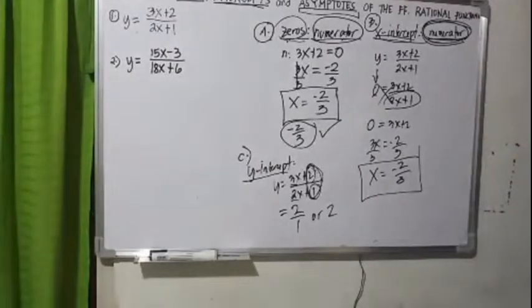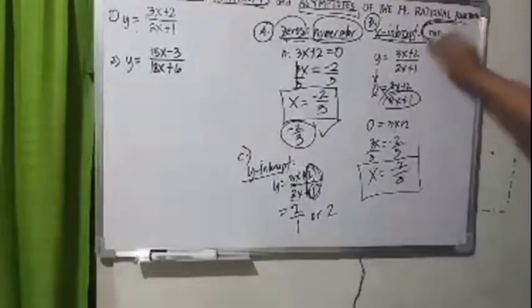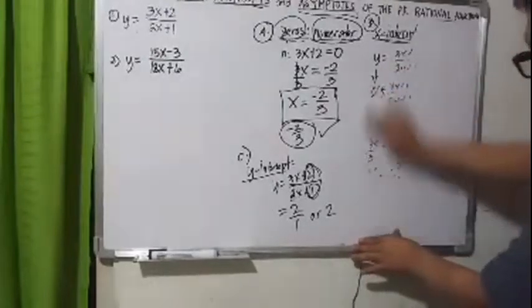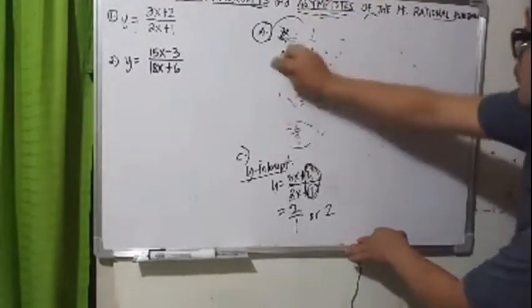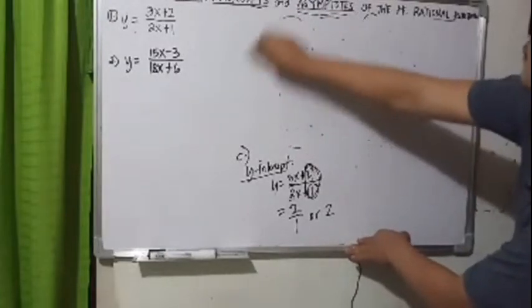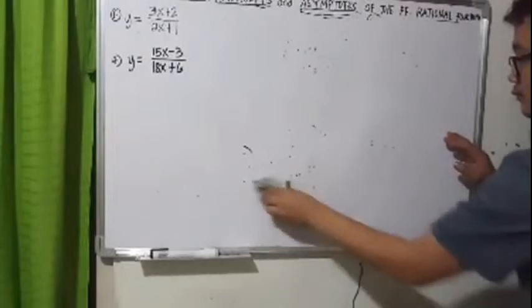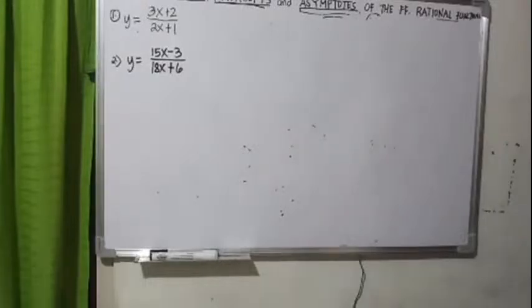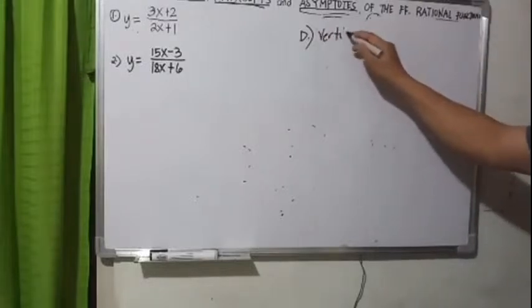Okay, for letter D, asymptote, unahin natin yung vertical asymptote.